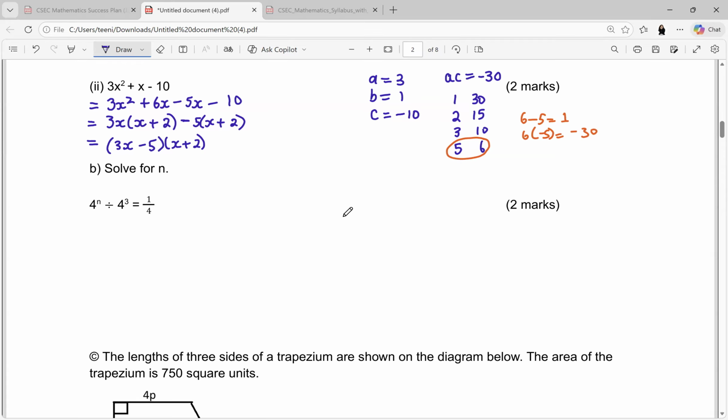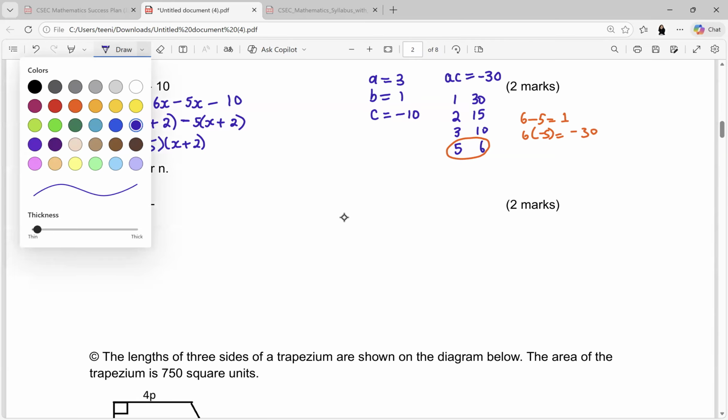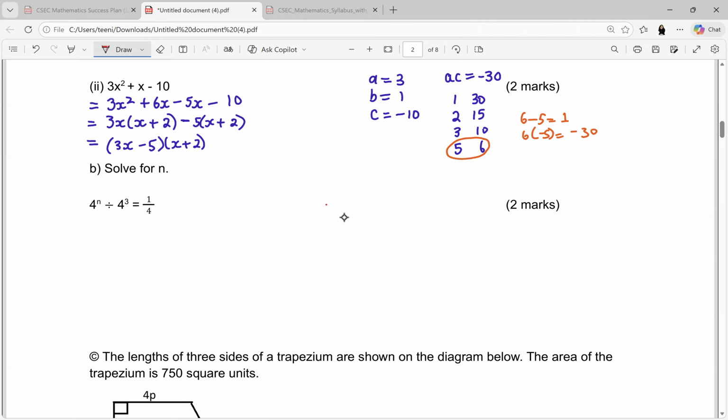So, guys, with your indices, I want you all to recall your laws of indices here. When you have the same base, let's say you have a to the power of m divided by a to the power of n, this would give you a to the power of m take away n. Once you have the same base, you simply subtract the indices if it's division.